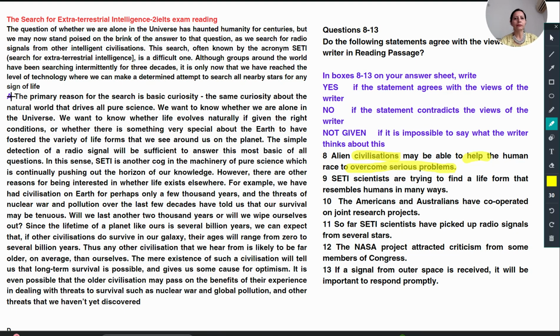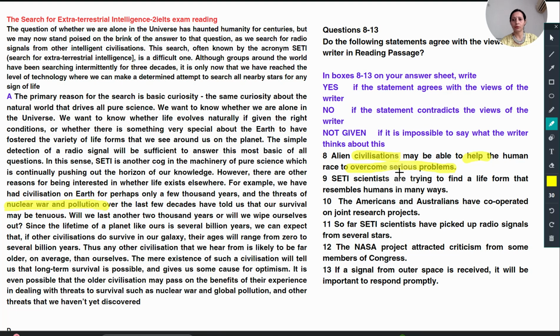This paragraph we have already read. Civilization earth is here. Let's read it from here. However, there are other reasons for being interested in whether life exists elsewhere. For example, we have had civilization on earth for perhaps only a few thousand years, and threats of nuclear war and pollution over the last few decades have told us that survival may be tenuous. Your pencil should move the way my cursor is moving. Will we last for another 1,000 years, or will we wipe ourselves out?